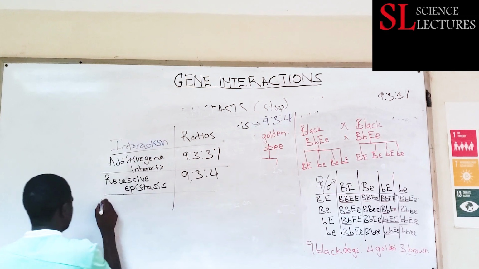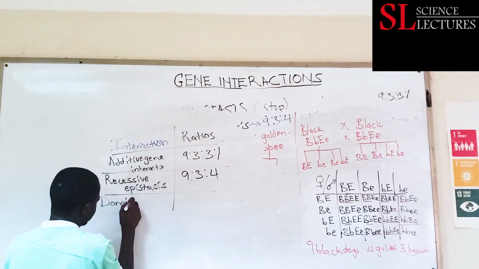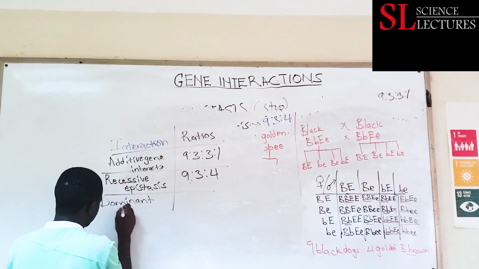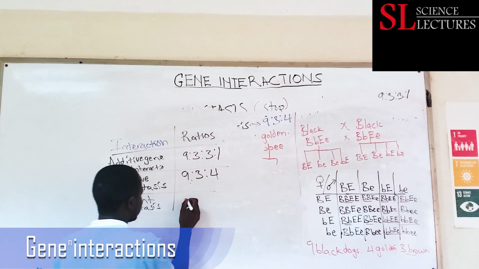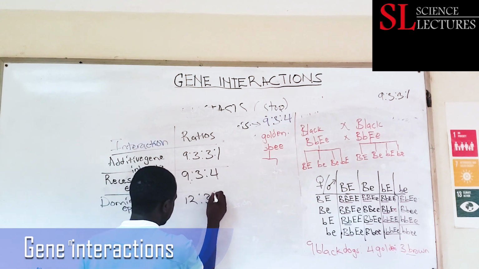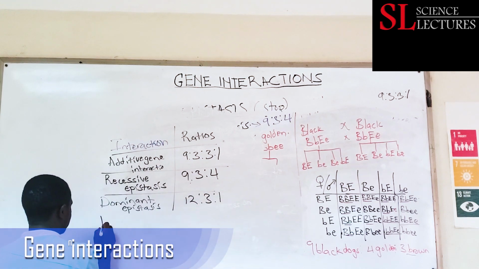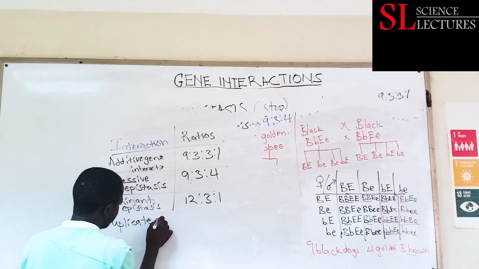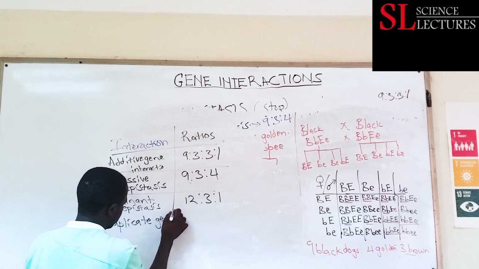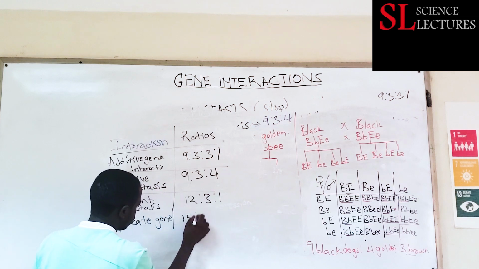We looked at dominant epistasis, and the ratio is 12 to 3 to 1. We've looked at also what they call duplicating genes, or redundancy. The ratio is 15 to 1.